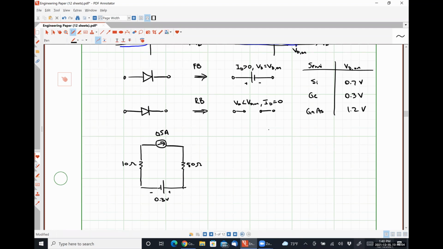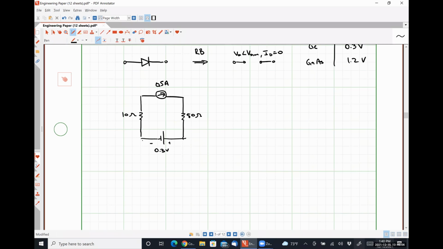And I'm going to use 0.3 volts. I'm just saying arbitrarily that's a germanium diode based on the fact that it had a reasonably large saturation current when that mattered. Sorry, that should be ohms, not volts.